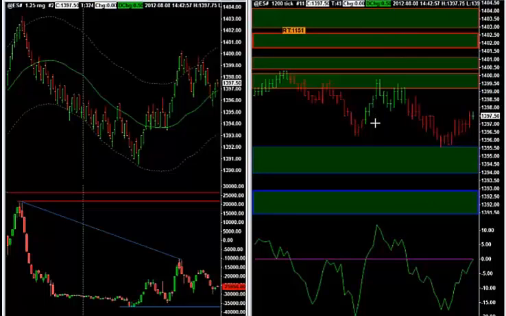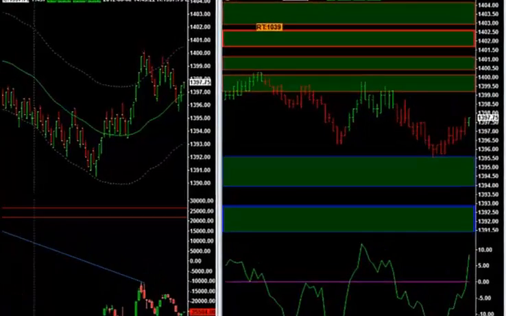Identity number 3 will be a continuation zone marked by a thinner border of blue or red. Now again, just because it's a continuation zone doesn't mean that we can't use that zone. It just means that it's not a swing zone. It's not a zone that actually changed the direction of the market the last time the market was there. It was a zone that provided a continuation in that existing trend or auction.